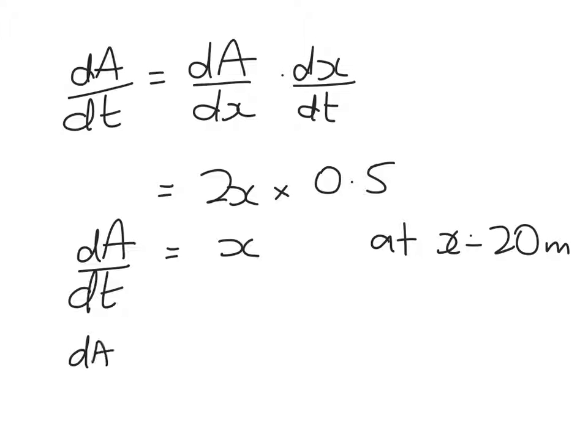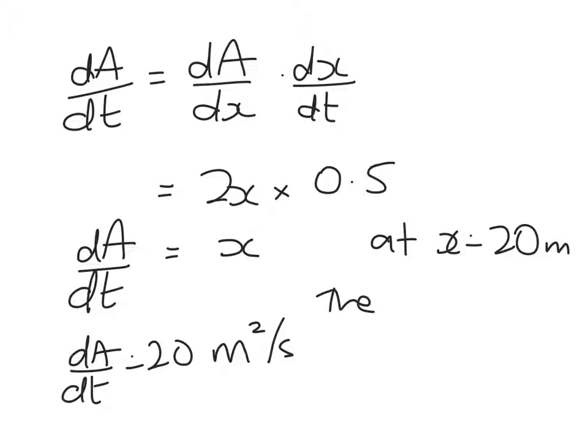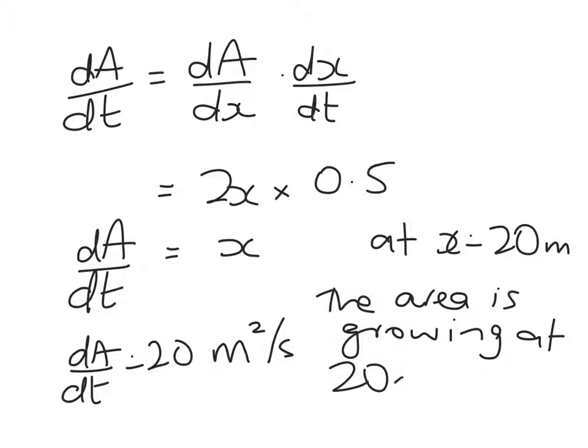So dA by dt is just 20, and my units will be square metres per second. Right, so the area is growing at 20 square metres per second when they've walked 20 metres.